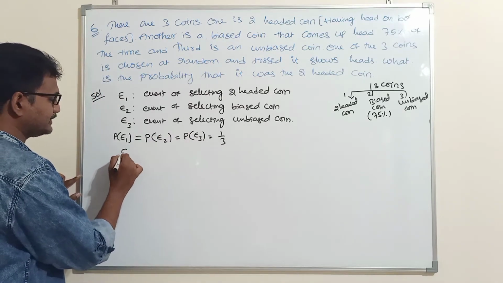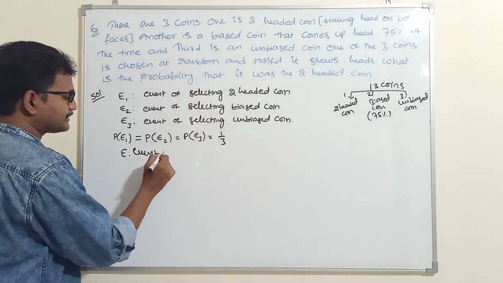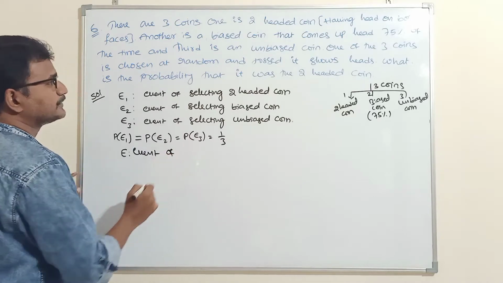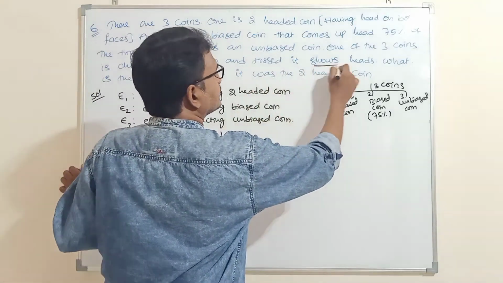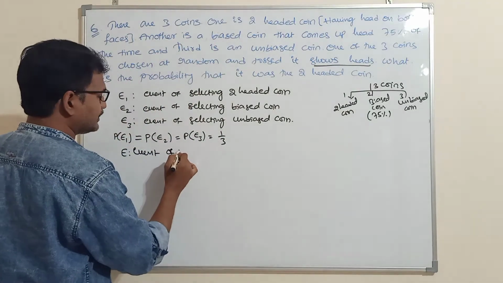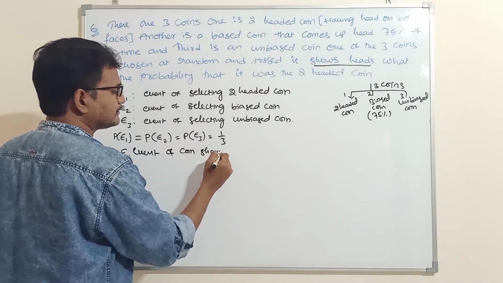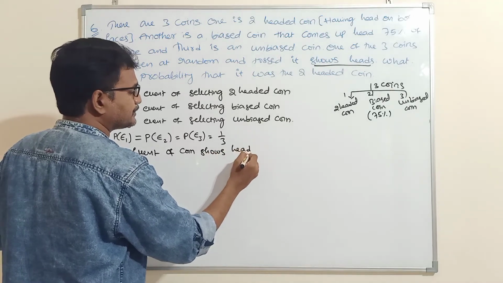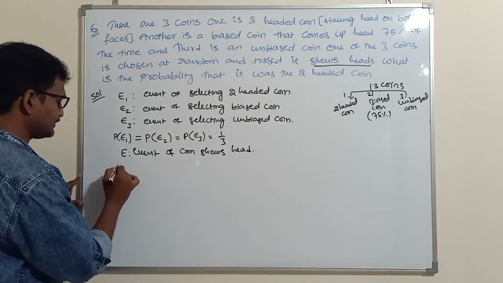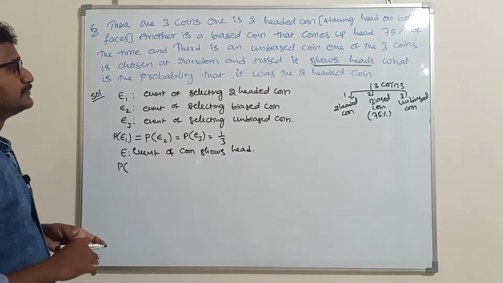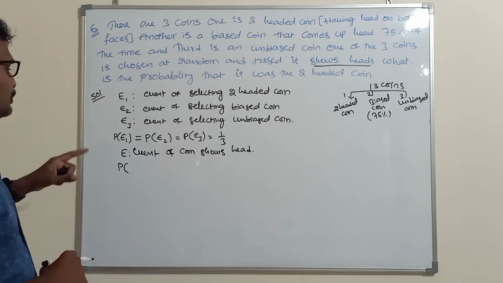Next, what is event E? Event E denotes the event that the coin shows heads. Then what is the probability that it is a two-headed coin?